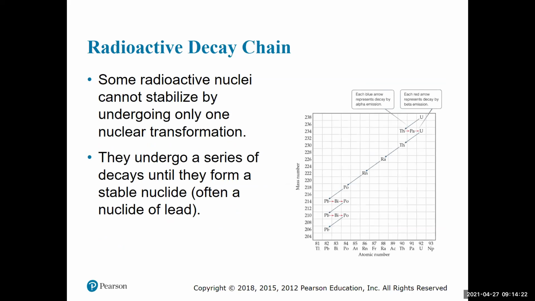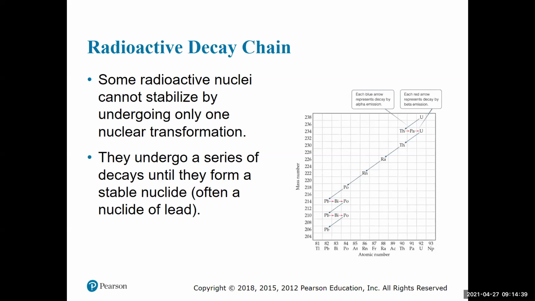Okay, one interesting thing about radioactive decay is that it often doesn't just happen once. Here we have an example of uranium starting out.